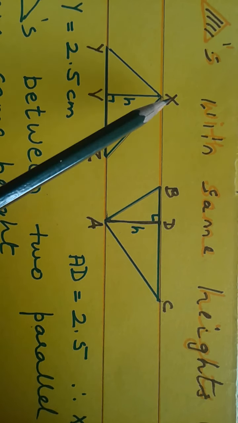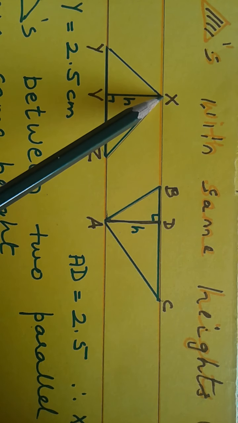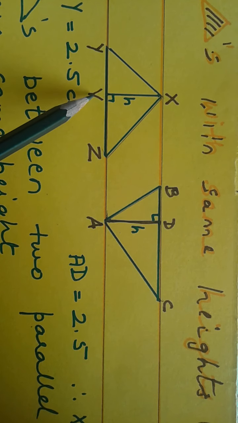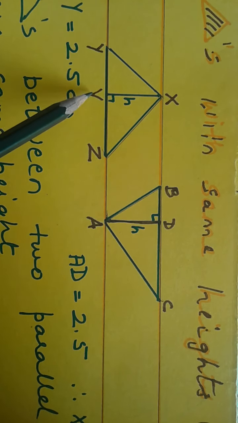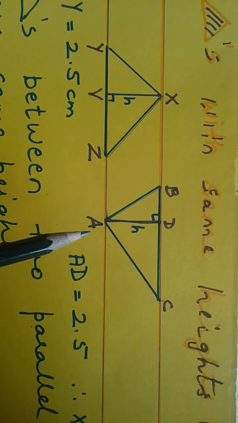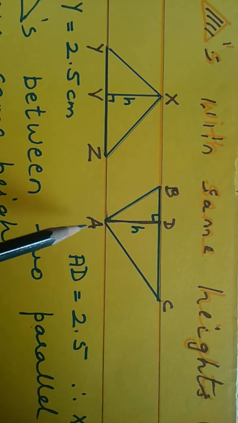Let us consider triangle XYZ. We drop a perpendicular from X to the base. Let XV be the perpendicular height and let AD be the perpendicular height of triangle ABC.